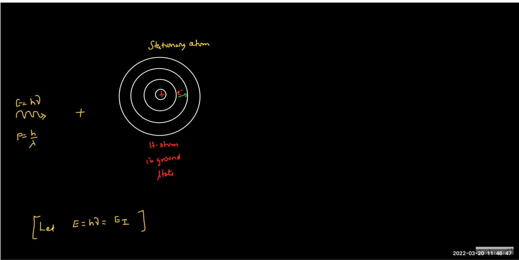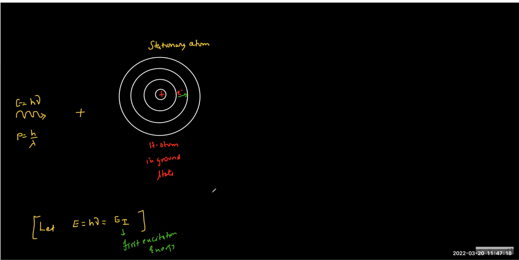Do you realize what I'm saying? The meaning of first excitation energy: the minimum energy required to make the first transition is called the first excitation energy. Understood? Am I audible, guys? Yes.